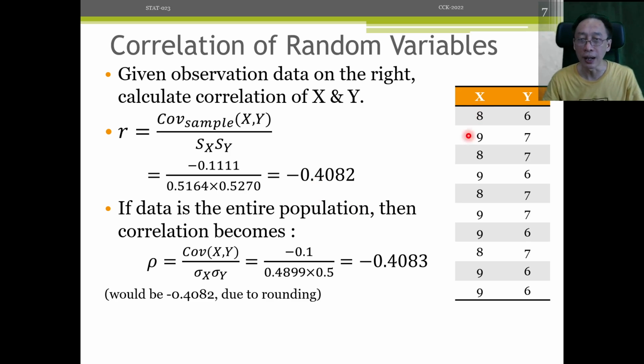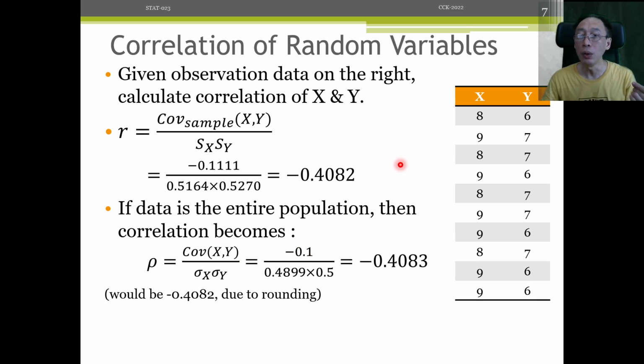If we treat the entire set of data as the whole population, so this is all the measurements in the universe that we care about, then we have to calculate the population correlation, represented by rho, using the population versions of the numerator and denominator. Recall just now that our population covariance, treating the data as population, was negative 0.1. So that's where we use it.